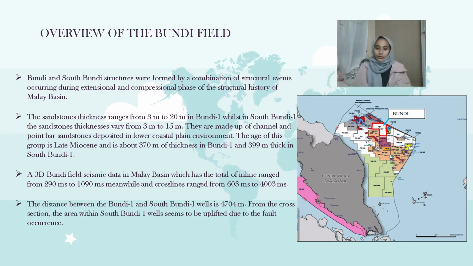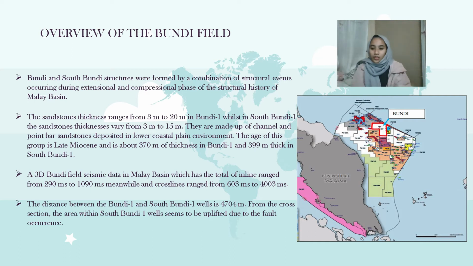They are made out of channel and point bar sandstone deposited in the lower coastal plain. The age of this group is late Miocene, with about 370 meters of thickness in Bundi, while South Bundi has a thickness of 399. The 3D Bundi Field seismic data has an inline range from 250 to 1090, while the crossline range is from 603 to 4003.